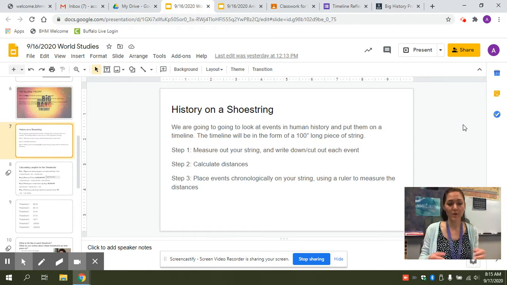So for example, you might have an event that says it's 62 inches. That just means you would start at one end of your string, measure 62 inches in, and that's where your event should go. That way they're spaced out in order, and they're spaced out according to how much time happened between that event and the next event, if that makes sense.